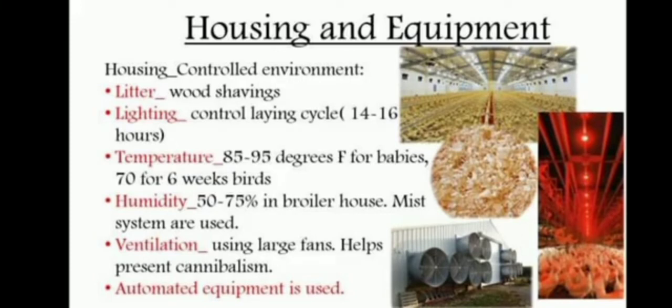Ventilation using large fans helps prevent cannibalism. The large fans in ventilation help cool down the inside of the poultry farm and push out the smell, which could otherwise suffocate the chickens inside. Automated equipment is used.